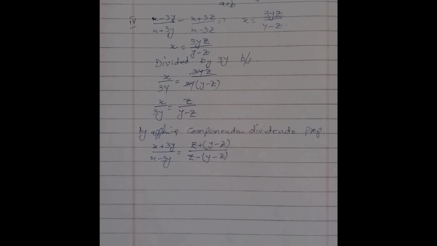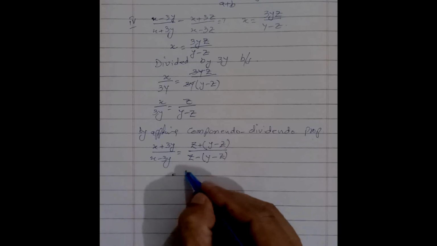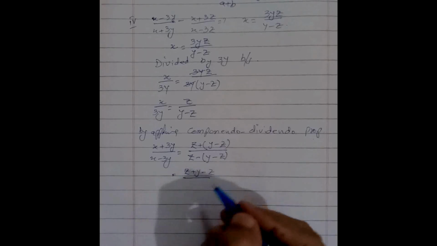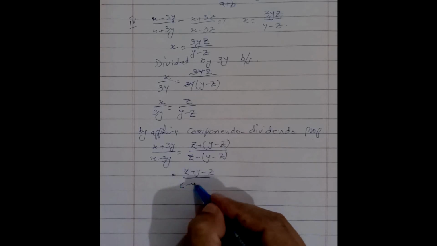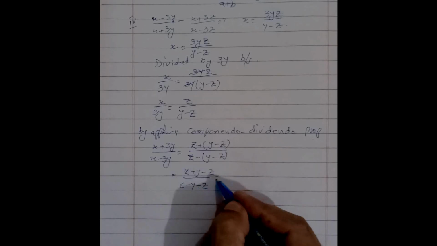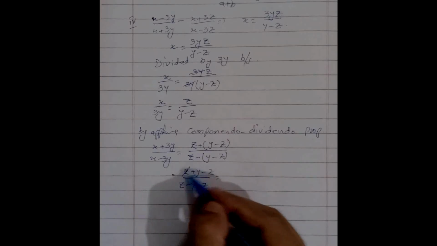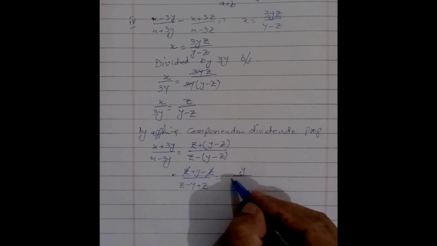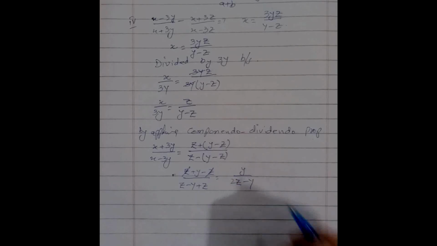Now simplifying these values, we get z plus y minus z over z minus y plus z. We get z cancel with z, we have y over 2z minus y.